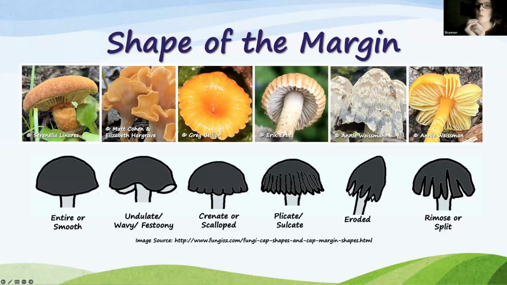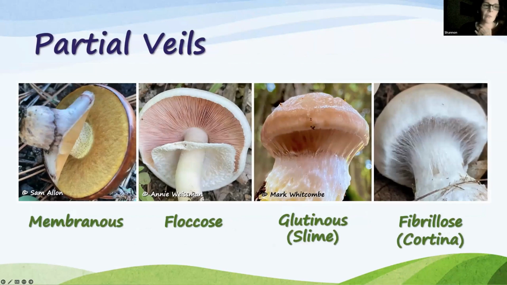And though not inherently part of the margin of the cap, certainly associated with it, are structures that are known as partial veils. And partial veils occur in certain groups of immature sporocarps of basidiomycete fungi.